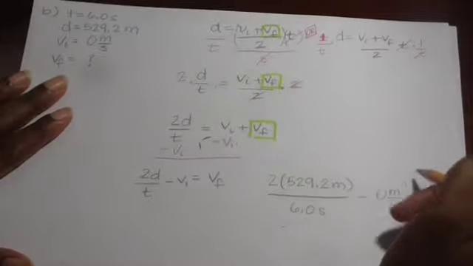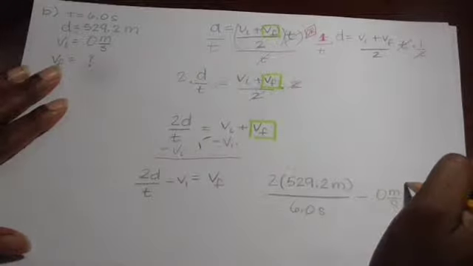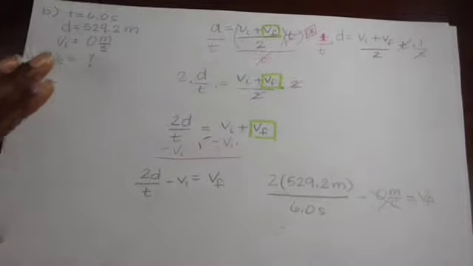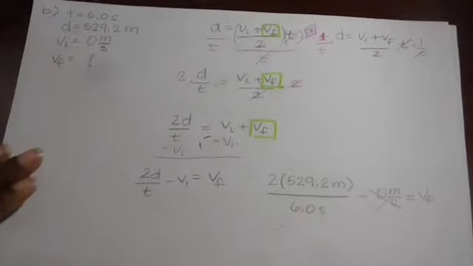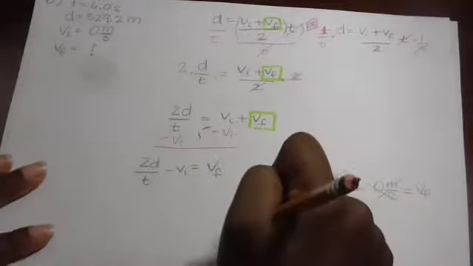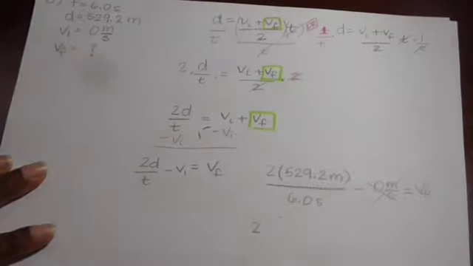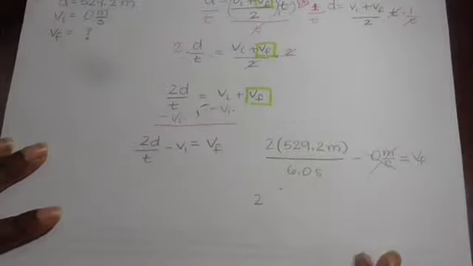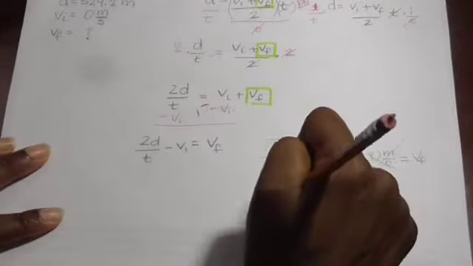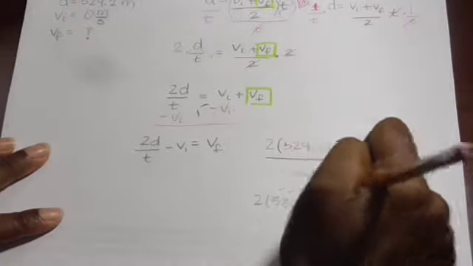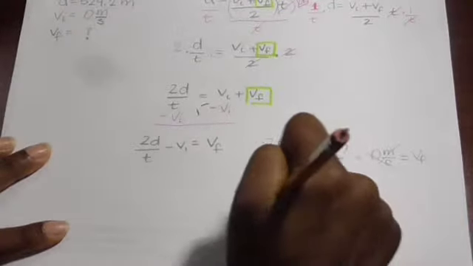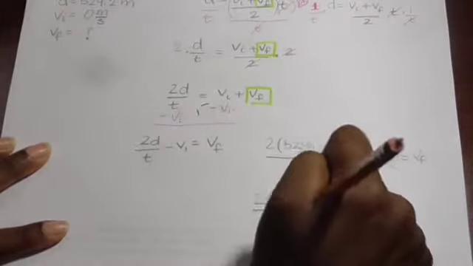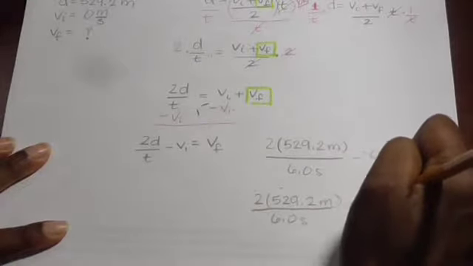I didn't want to quite get rid of it then. So this actually will disappear. And we have 2 times 529.2 meters over 6.0 seconds equals V final.